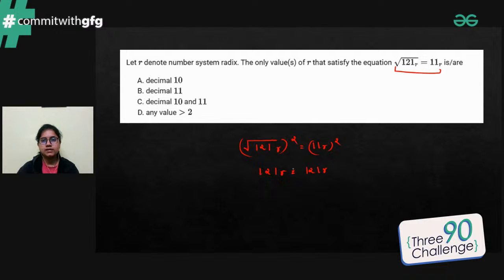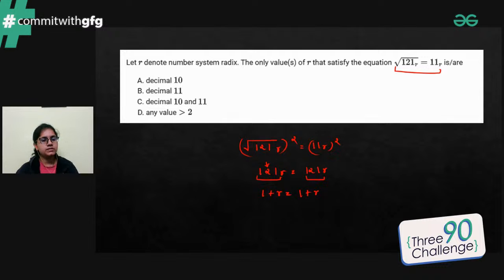The answer is D. Like here, if we do the conversion, 1 plus r is equal to 1 plus r we are getting. So any integer r satisfies this, but it should be greater than 2, because here in the bracket the largest value possible is 2, and it should be greater than 2.